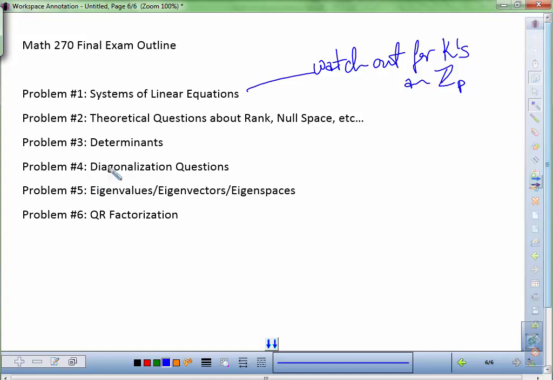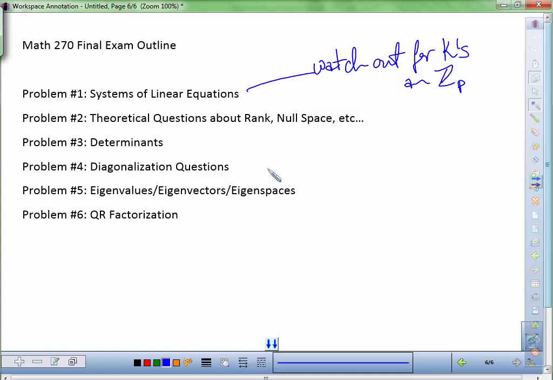Let's go to number 4. Number 4 is a diagonalization problem. Do you remember how to diagonalize a matrix? That was one of the quizzes.